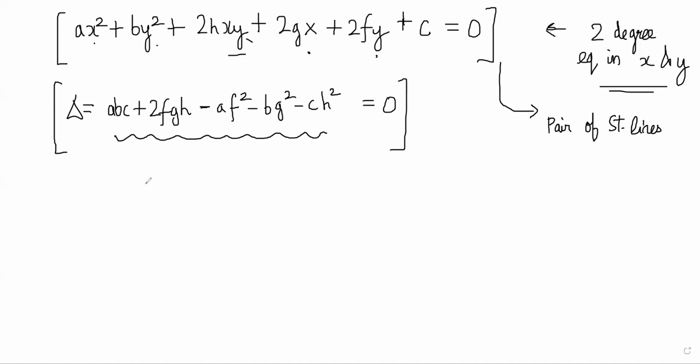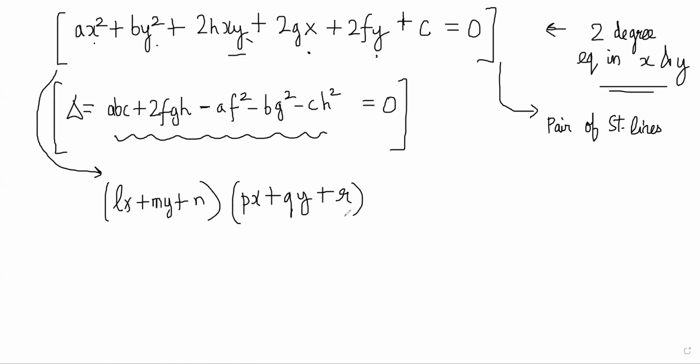No, that is not a correct method because you will get many weird conditions. How will you get this from there? What you just said is like saying, let's take two straight lines which are factorized out of this. If you take Lx plus My plus N and Px plus Qy plus R, these are my two straight lines into which this general equation is getting factored.